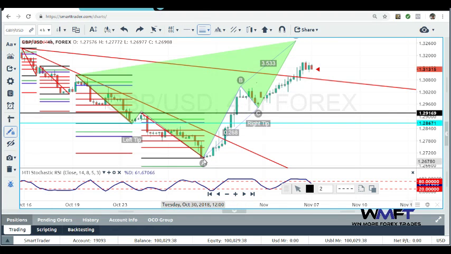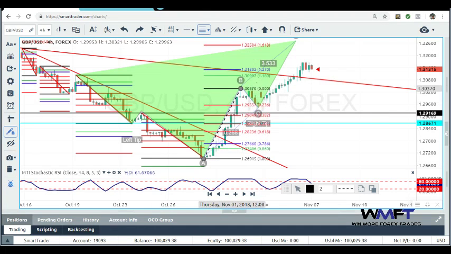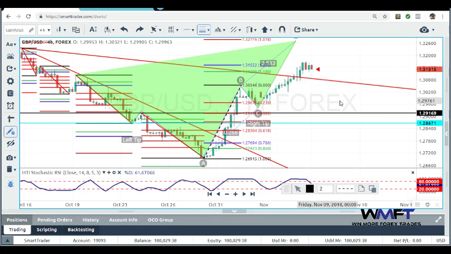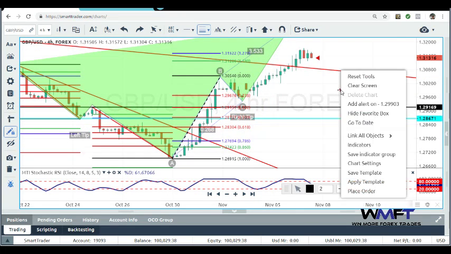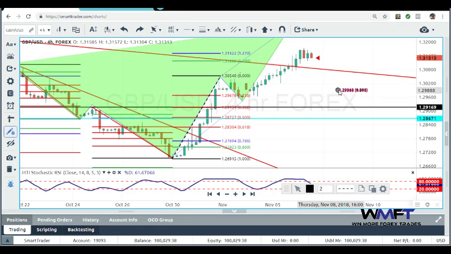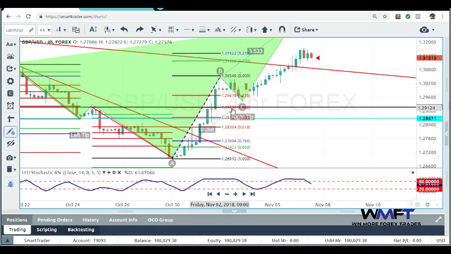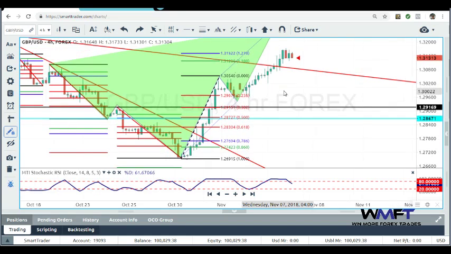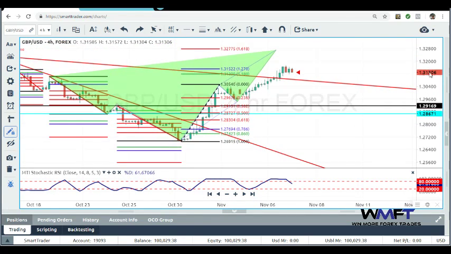And we bring in our Fibonacci on the crown, and there it is. I keep forgetting to reset my tools. Okay, we have a 236 bounce off of the crown formation. The Fibonacci 1618 extension is 150 pips away.